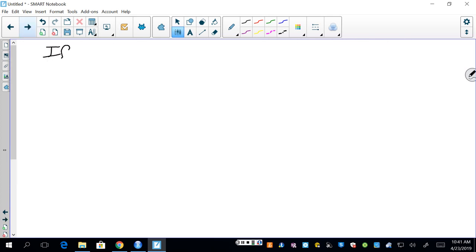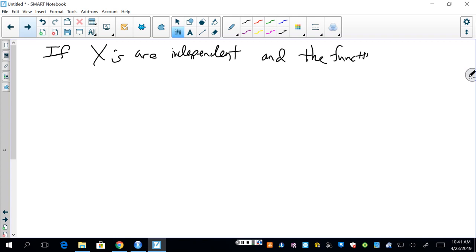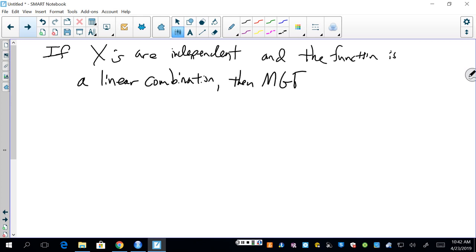But if the x's are independent of one another, and the function that we want is a linear combination, then using the moment-generating function method could be easier.